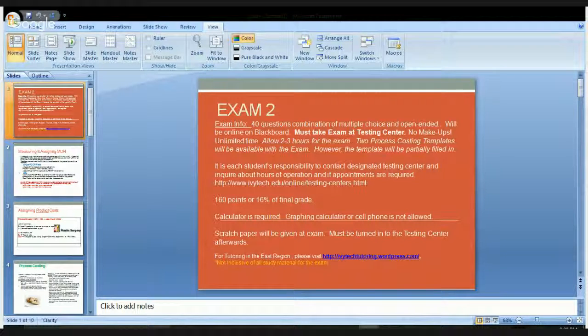If I take the $20 times 8,200, which is my actual direct labor hours, I have $164,000. Now, was it overapplied or underapplied? The actual was 161,000. We applied 164,000. So that means we overapplied by $3,000.